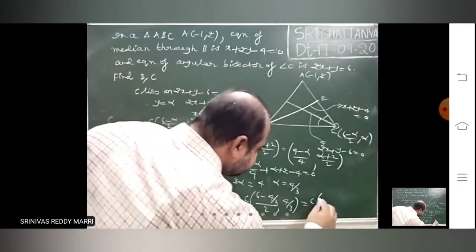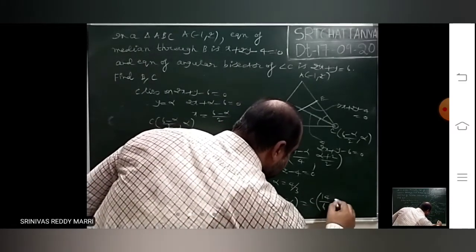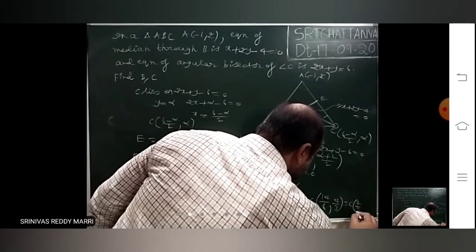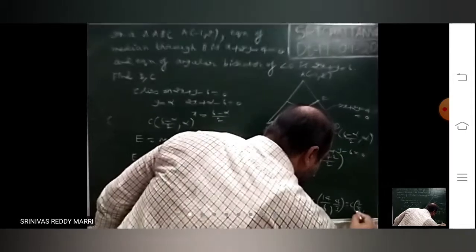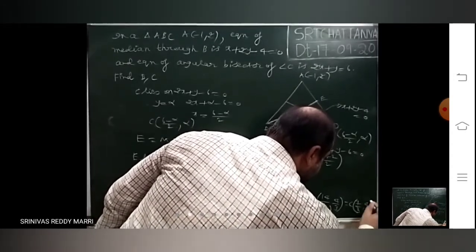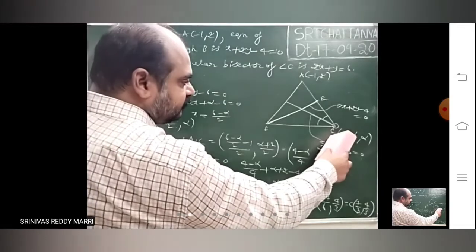So 18 minus 4, 14 divided by 6 comma 4 by 3. That implies C is nothing but 7 by 3 comma 4 by 3. This C point you got, 7 by 3 comma 4 by 3. So this is one vertex you got.